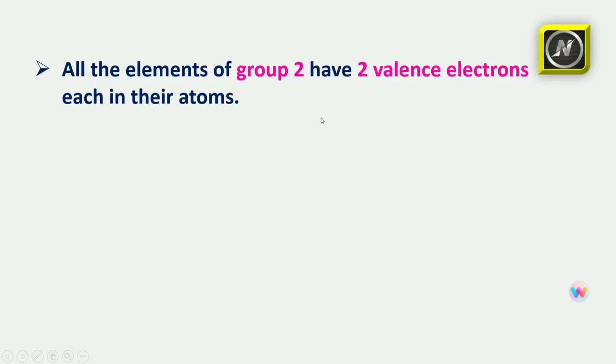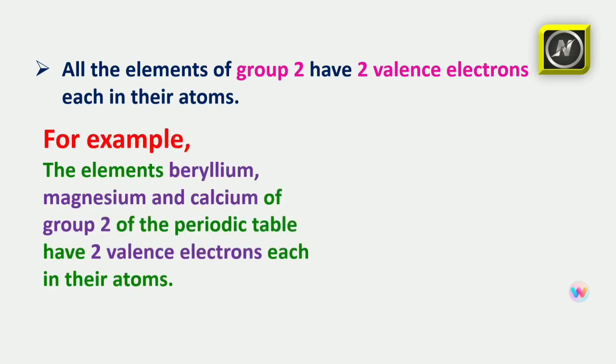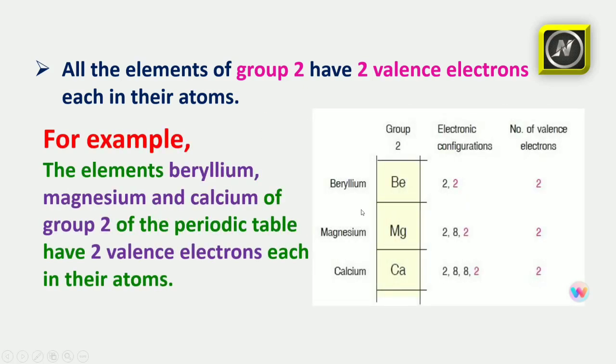For example, the elements beryllium, magnesium, calcium of group 2 of the periodic table have 2 valence electrons in each of their atoms.